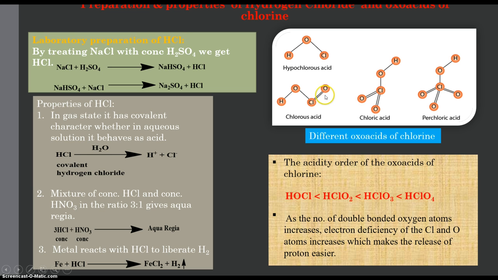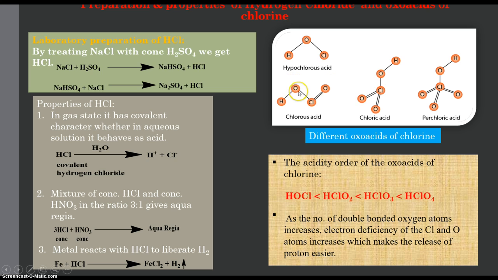And as the electron deficiency increases on chlorine, the electron deficiency also increases on the oxygen atom from left to right. If chlorine is getting electron deficient from left to right, oxygen will also be electron deficient from left to right, because oxygen is directly attached to chlorine, right?